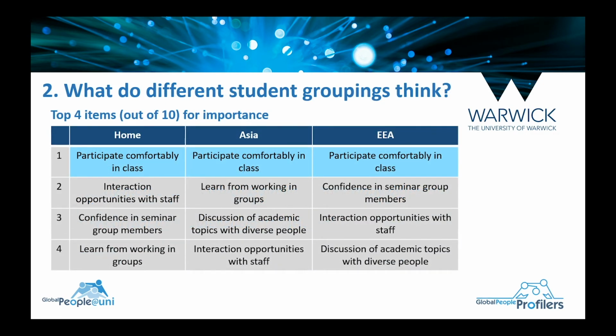Another way of looking at more detail at the data is to look at the particular items within this construct. Now, there were 10 items in the GP on academic integration.